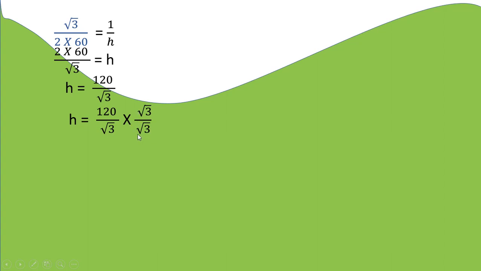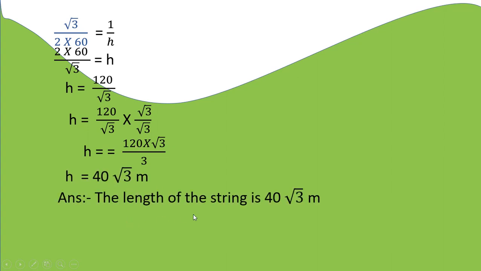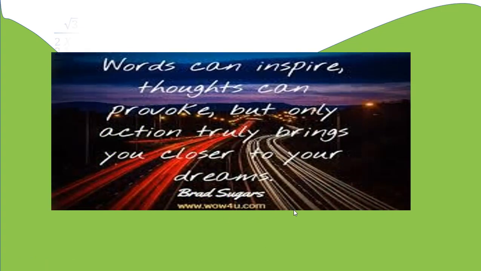So we get h is 120 root 3 upon 3, and this 3 divides 120, so we get h is 40 root 3 meters. Now we can say the length of the string is 40 root 3 meters, which is tied at point O, when the height of the kite is given as 60 meters.